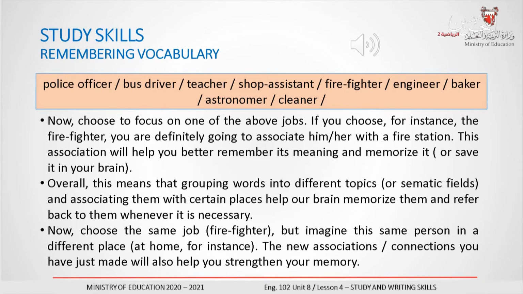Overall, this means that grouping words into different topics or semantic fields and associating them with certain places help our brain memorize them and refer back to them whenever it's necessary.